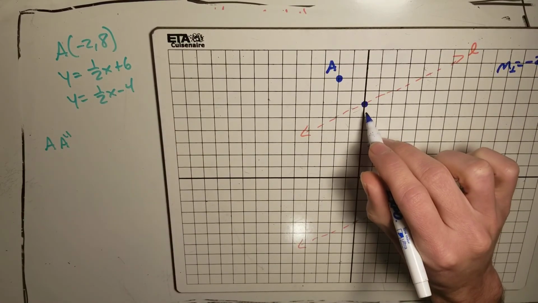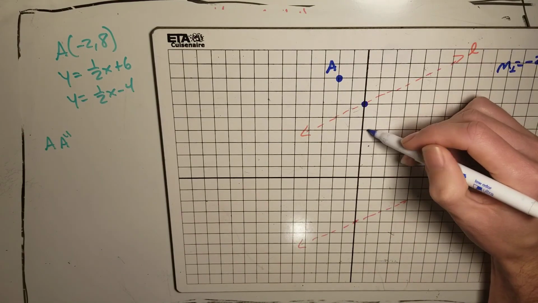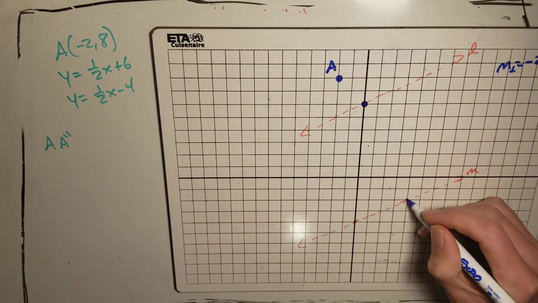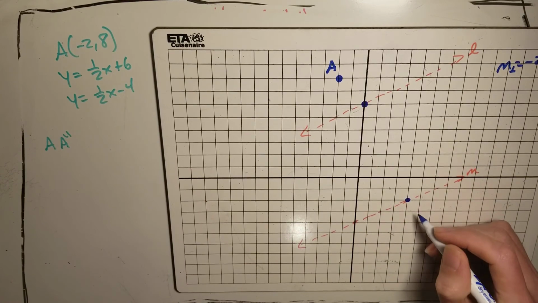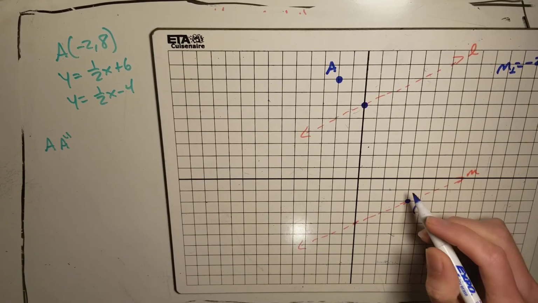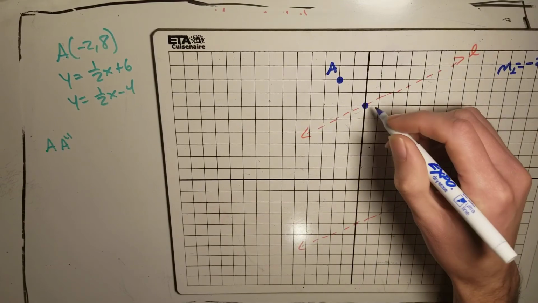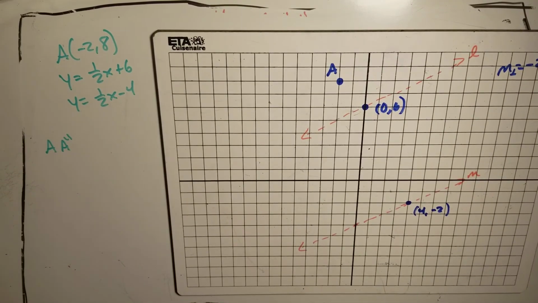From this point, I'm going to use a slope of -2 and see if we get to a nice point. Down 2, right 1, down 2, right 1, down 2, right 1, down 2, right 1. And this point ends up being on the perpendicular. That would be the point (4, -2). And this would be the point, like the y-intercept, (0, 6).